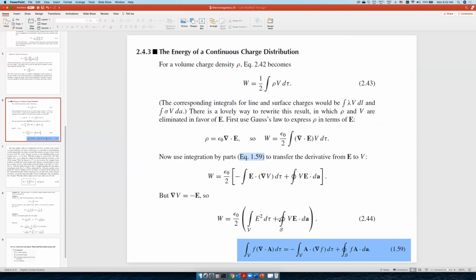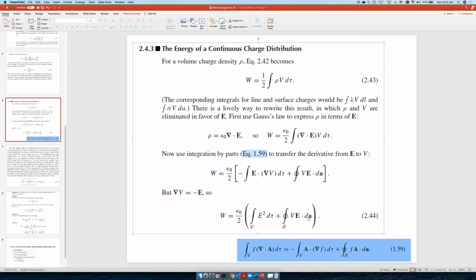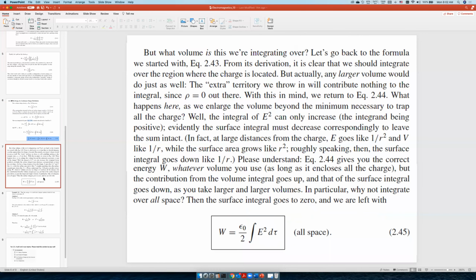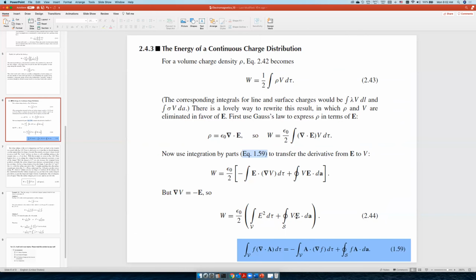So totally, if you calculate this term, it decreases when you increase the distance from the continuous charges you want to calculate. So if you increase the integral into infinity space, then that term simply becomes 0.